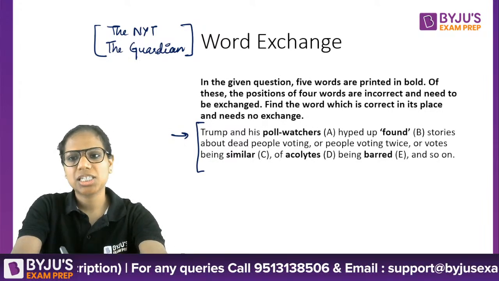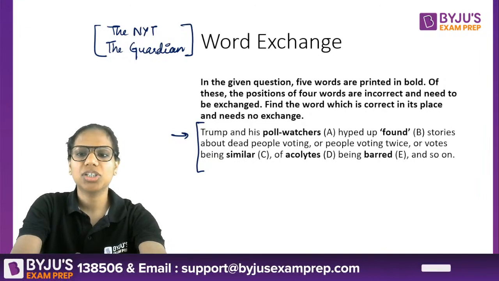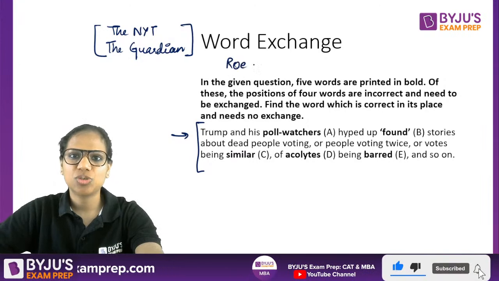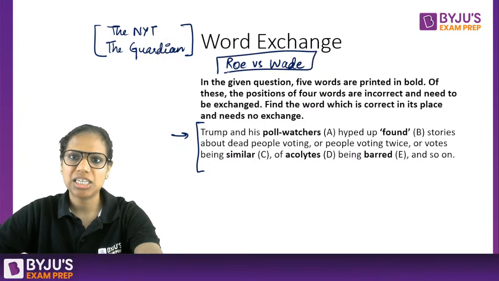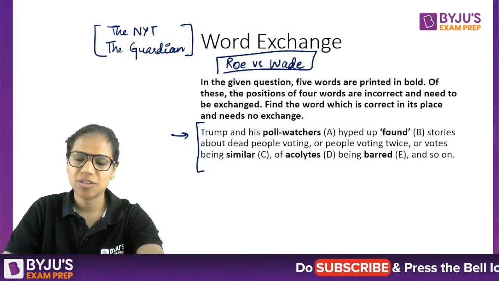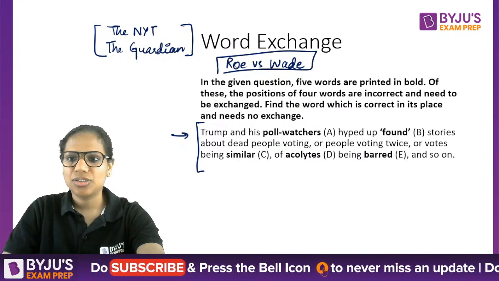So the US has put a ban on abortion. Okay, overturning a case, I mean, Roe versus Wade. The judgment regarding abortion was made in this case. Okay, so this has been overturned and abortion has been banned in the US. Okay, so, all right.